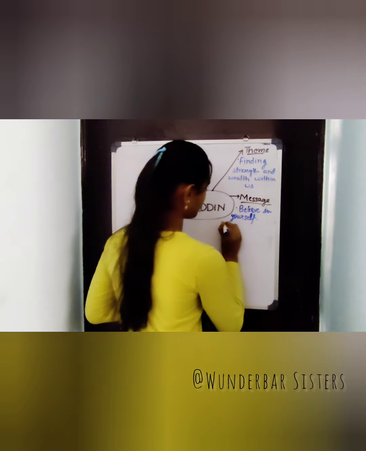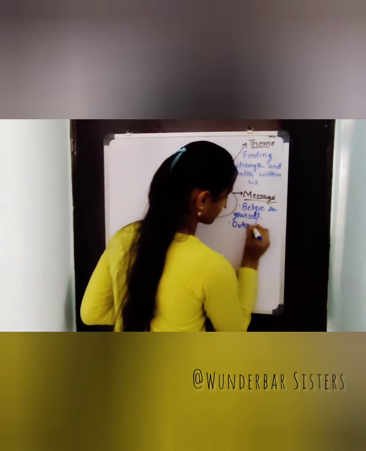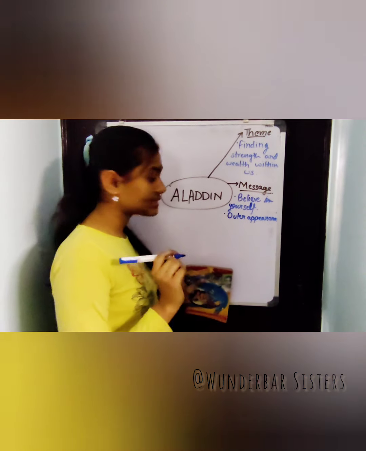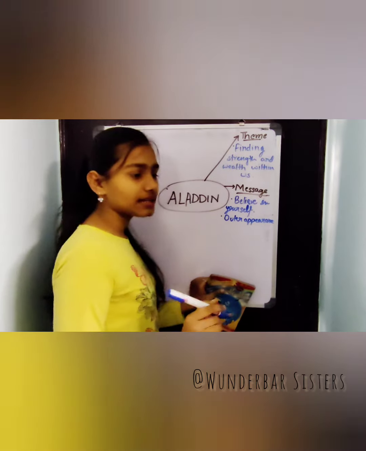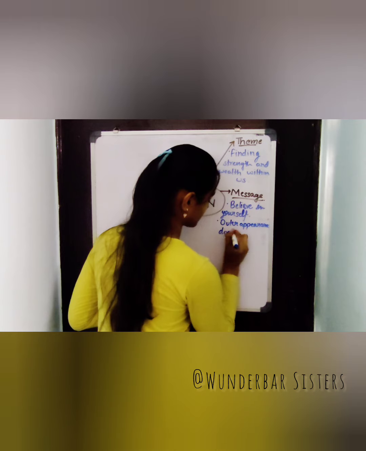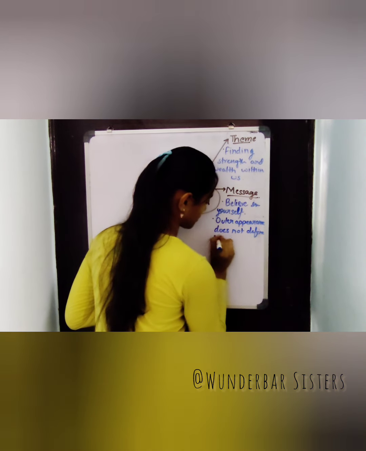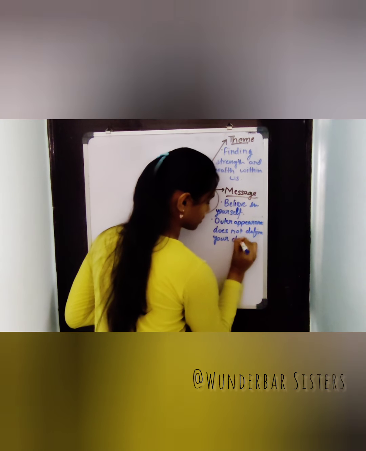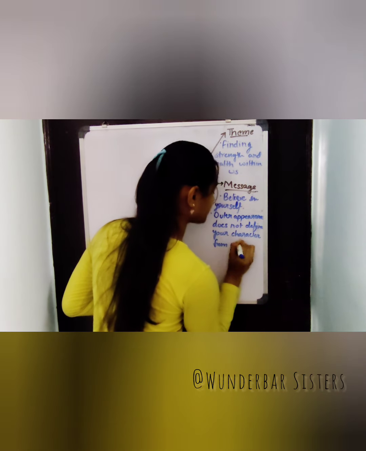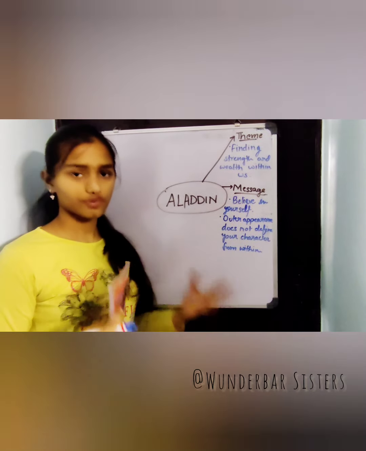So the message would be, outer appearance does not define who you are from within. So I have written my second message as, outer appearance does not define your character from within.